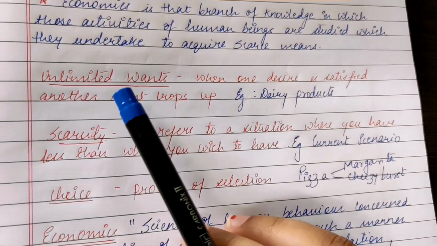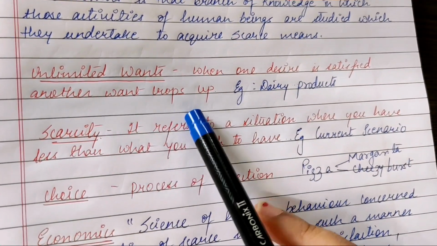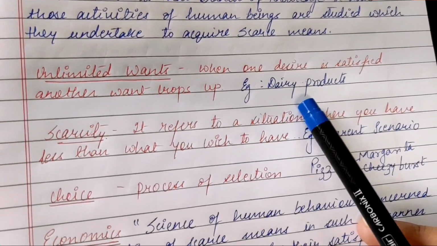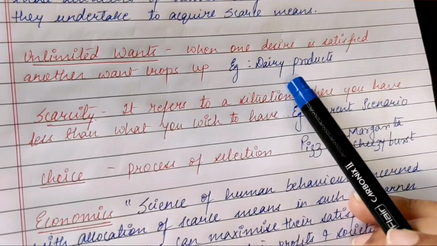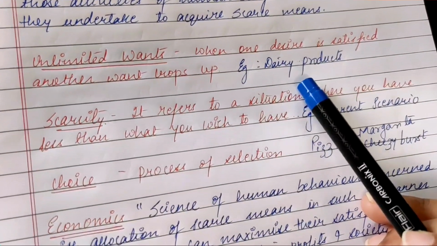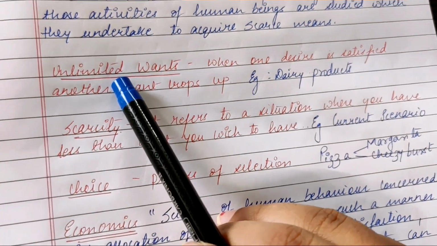So, first is unlimited wants. When one desire is satisfied, another want crops up. The best example is dairy product. Like once you have already had ice cream, chocolate ice cream, next you want something else, and then your list goes on and on and on. So, that terminology is unlimited want.